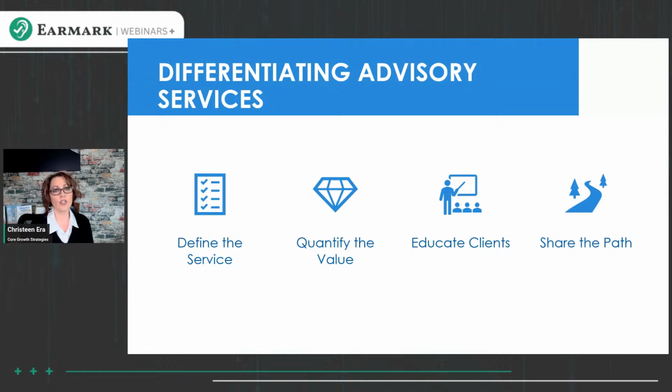So it's not just internal facing, it's external facing. We're all more willing to take the journey if we know where we're going. So think about that when you're adding advisory services and you're trying to invite your clients into them, or even your team. Let's create a path for them so they know, what is this journey going to look like and what does it mean? What's the value here?